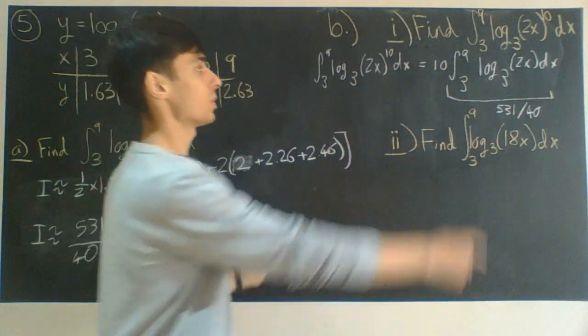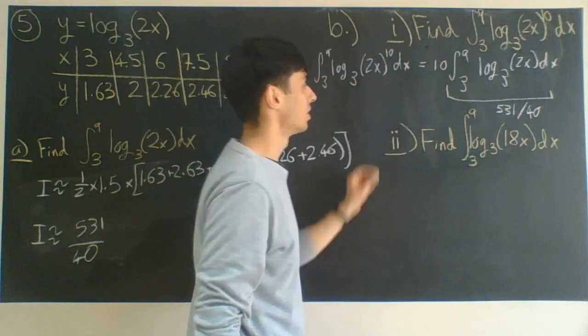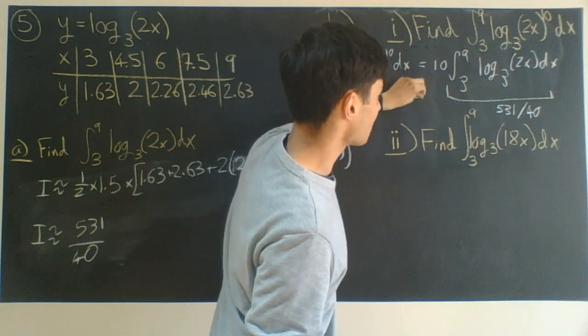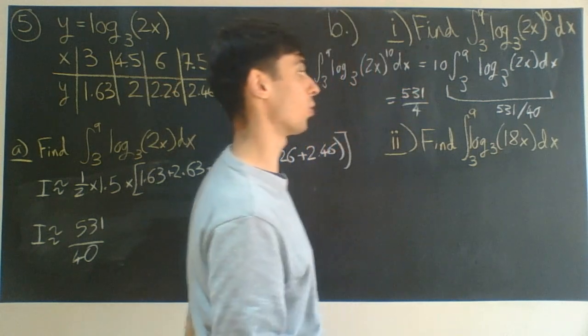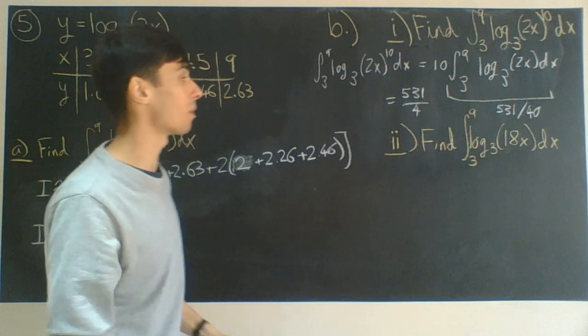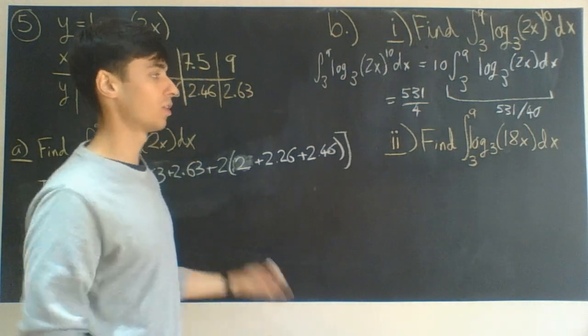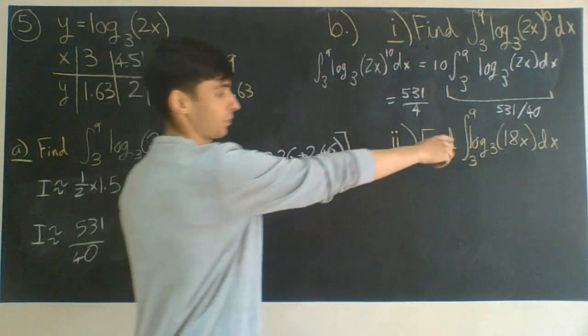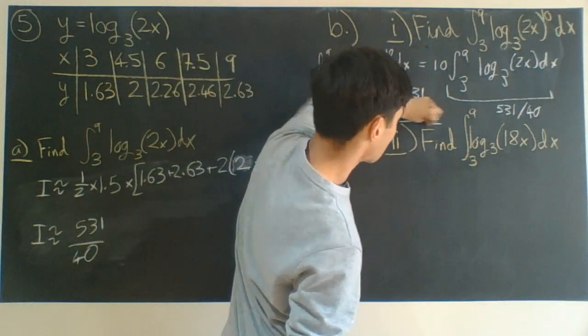Well, now all we need to do is we've got 10 lots of this thing, so our answer for this part should just be 531 over 4. Our denominator gets 10 times smaller, doesn't it, when we multiply the fraction. Great.